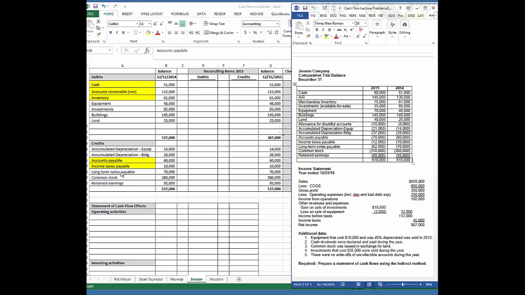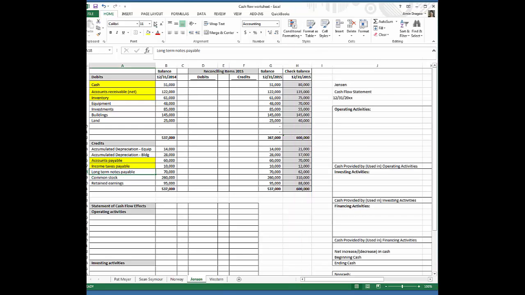Otherwise, long-term notes payable is not listed, so that is going to be a simple offset down in financing. And I'm also going to flag retained earnings because even though that has two items in it, it's usually not too difficult to compute. So now we're going to simply plug in the numbers that will make our ending balances equal to the check balance.